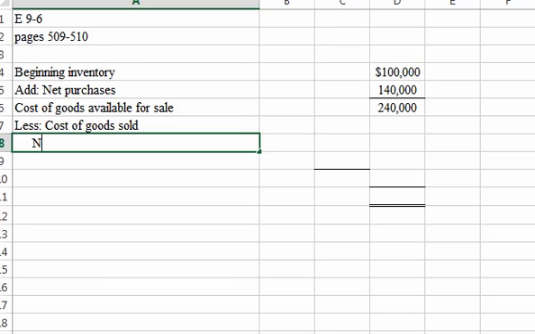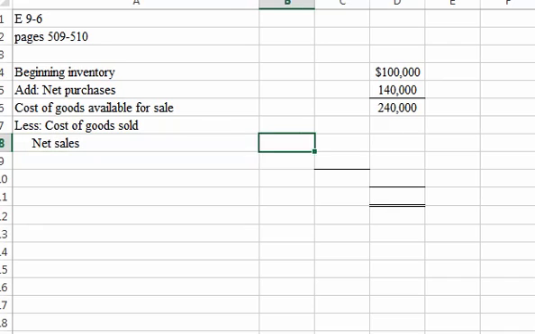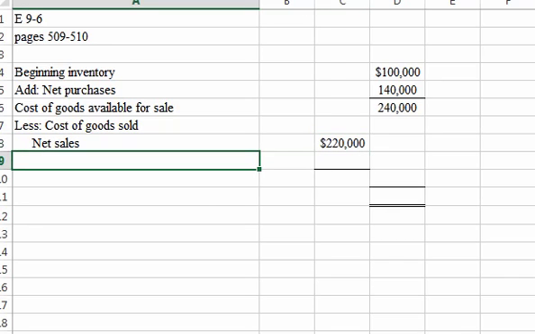We'll start there with net sales. We know what net sales were through the date of the fire, November 21st, $220,000. All right, now normally we'd say net sales minus cost of goods sold to get gross profit. Here we're working it in the opposite direction.